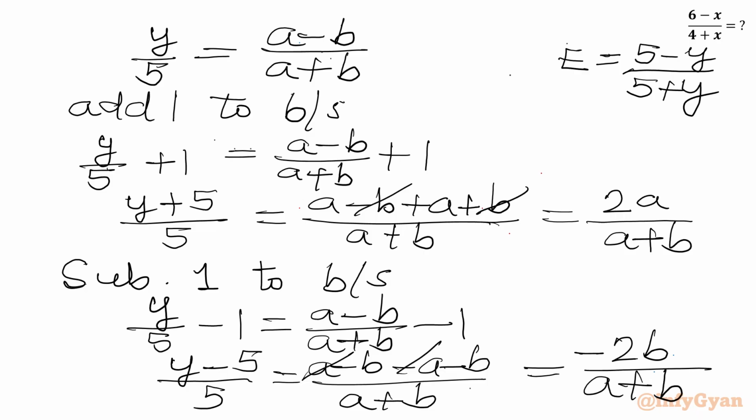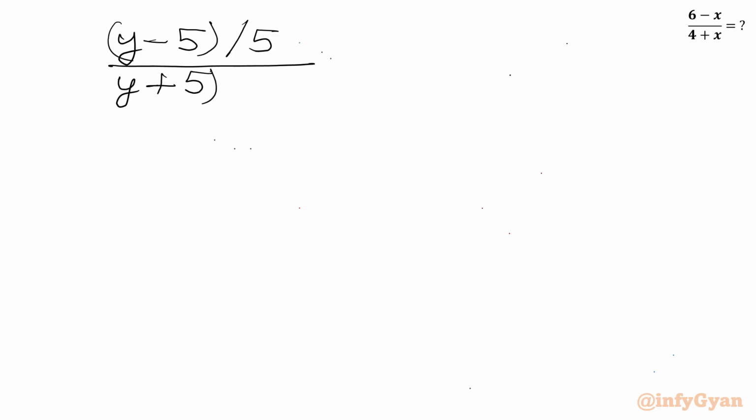Now you can see 5 minus y is in the numerator. So I will consider this is our equation 1, and this is our equation 2, then I will divide second equation by first equation. So let me write here (y minus 5) over 5 over (y plus 5) over 5.